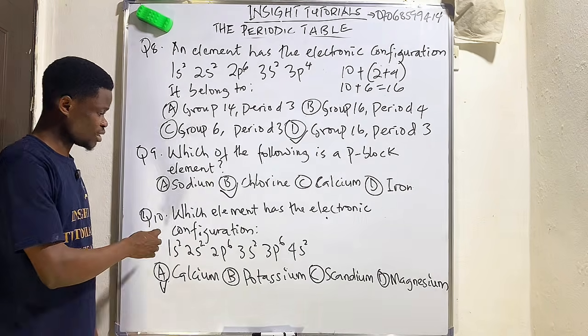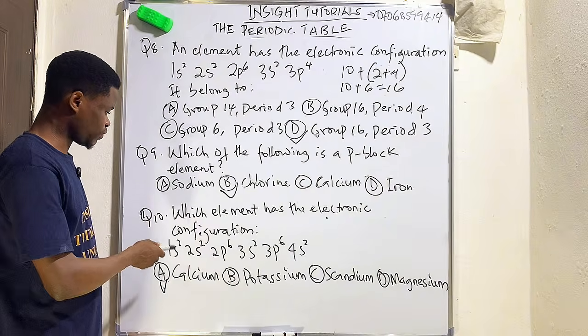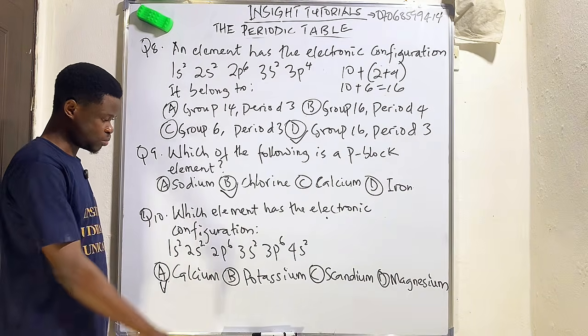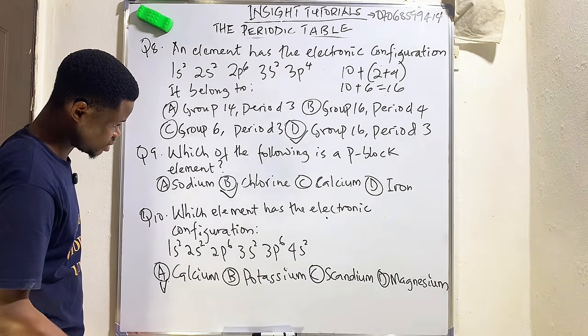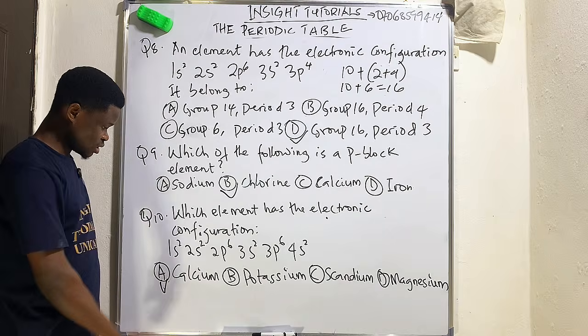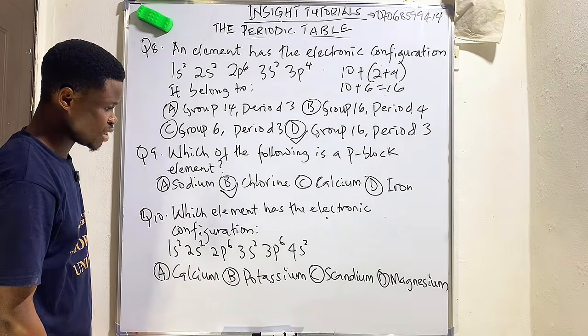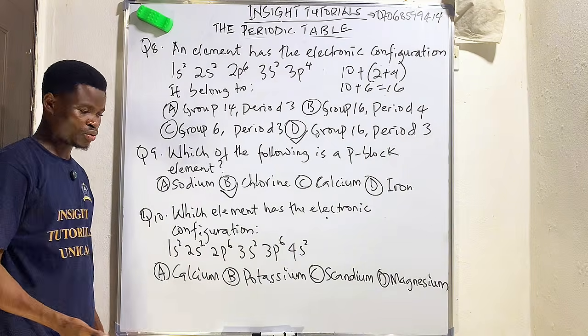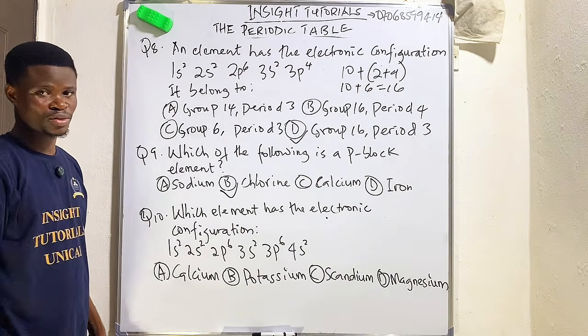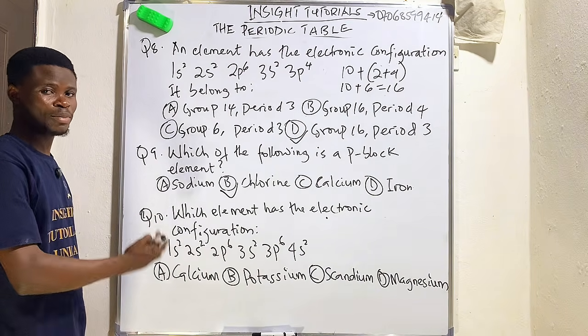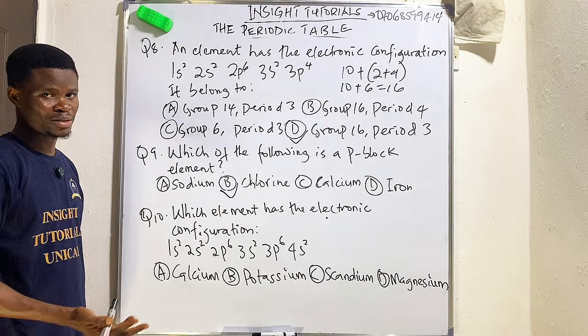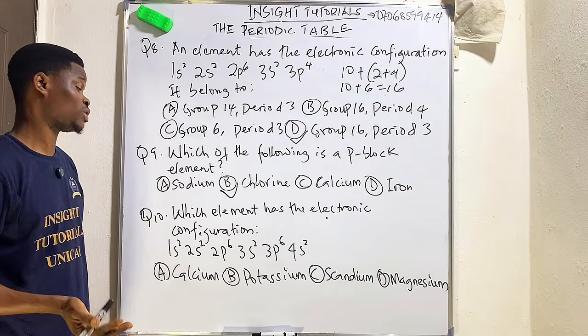All right, question 10 says, which element has the electronic configuration 1s2, 2s2, 2p6, 3s2, 3p6, and 4s2? A says calcium, B says potassium, C says scandium, and D says magnesium. The simple way to answer questions of this type is to look for the atomic number of that element, which is the number of protons it contains.